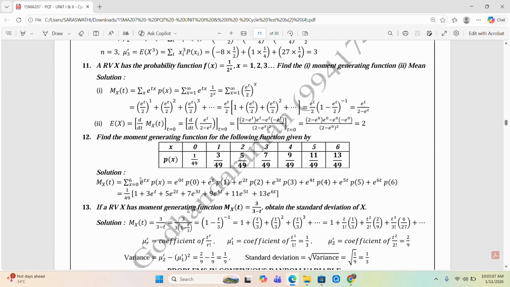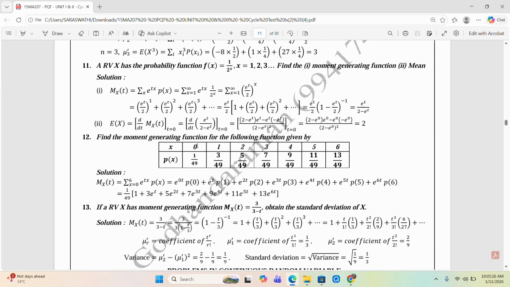First x is equal to 0: e power 0 into p of 0, plus x is equal to 1: e power t into p of 1, plus x is equal to 2: e power 2t into p of 2, plus etc., up to x is equal to 6: e power 6t into p of 6. And e power 0 is equal to 1 into p of 0.